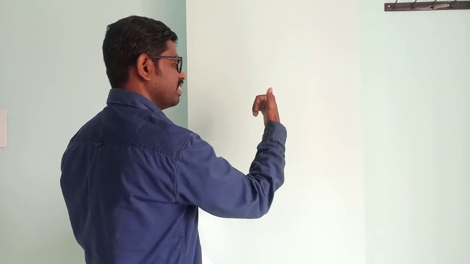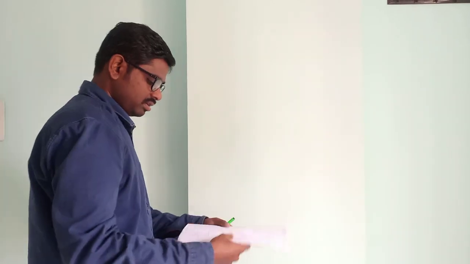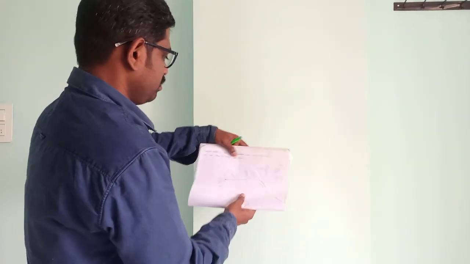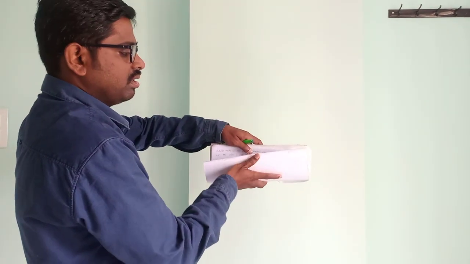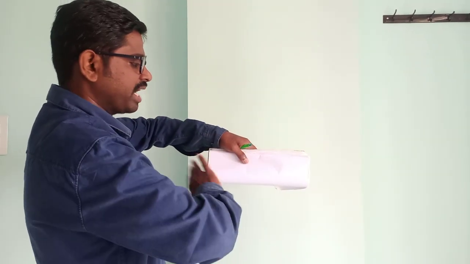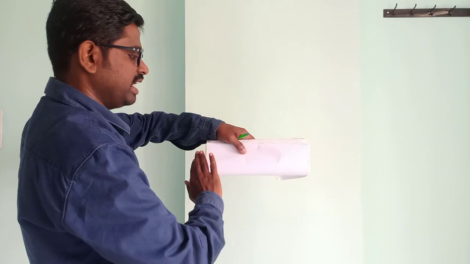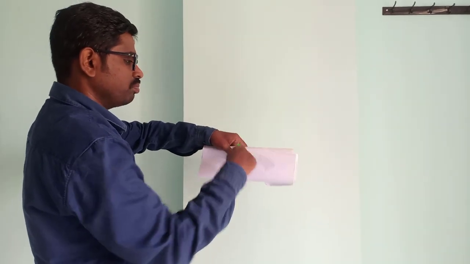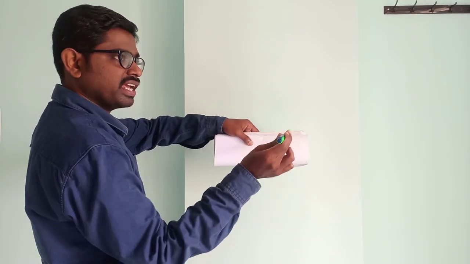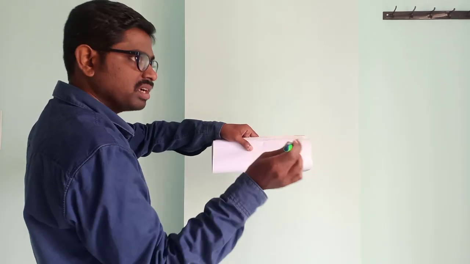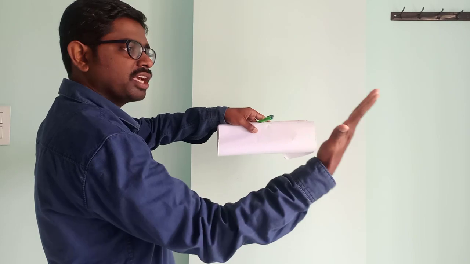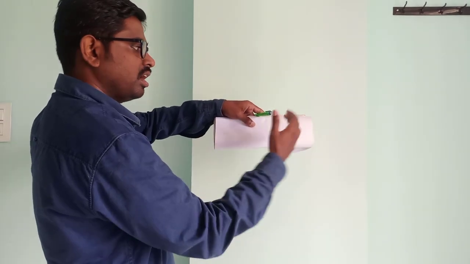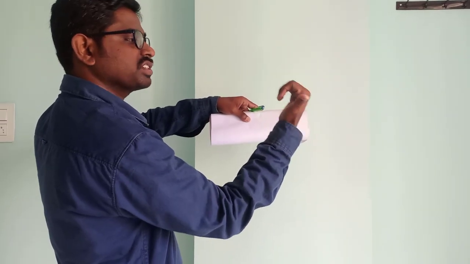I told you already, this is the aeroplane, front part and back part, nose and tail. My reactive gyroscopic couple vector direction is like this. Now I take my right hand and show my thumb in this direction.